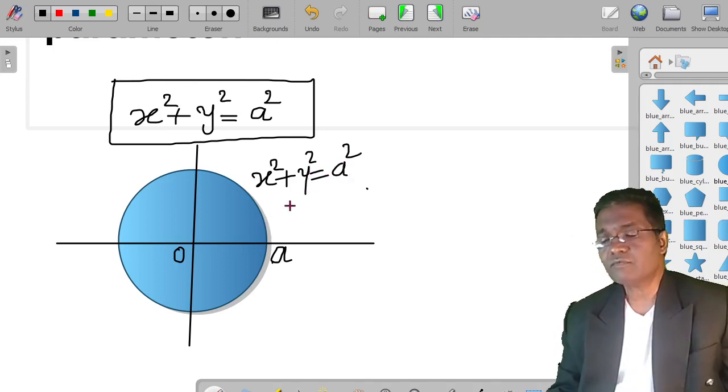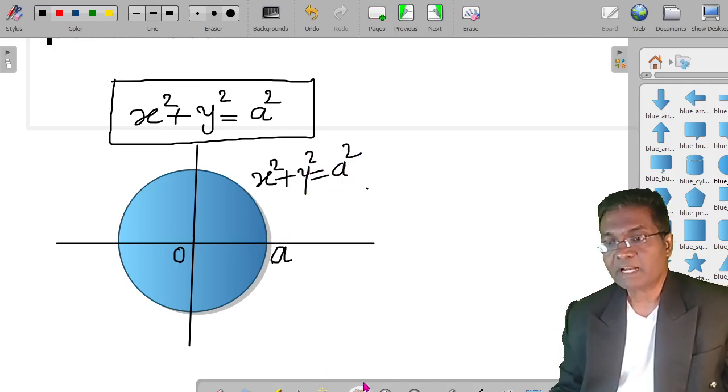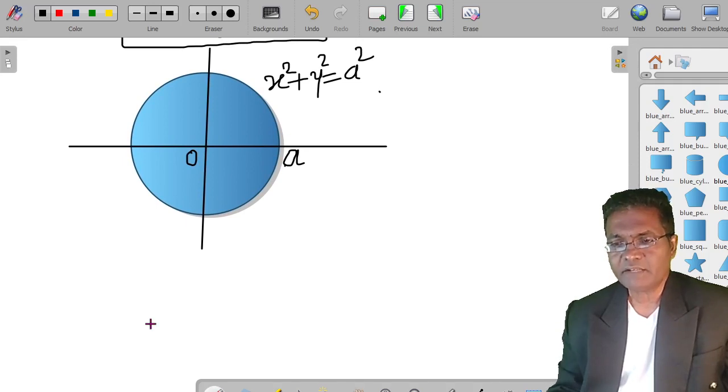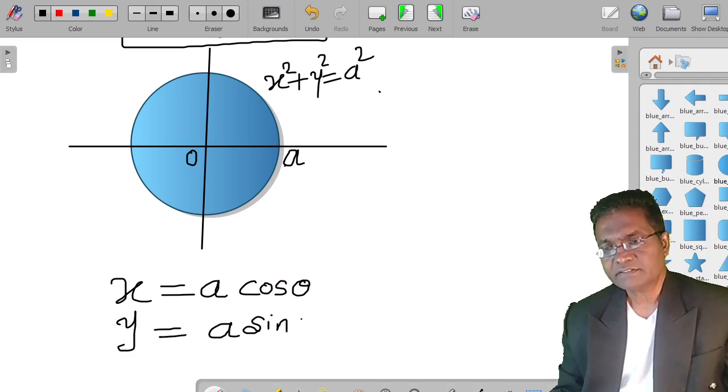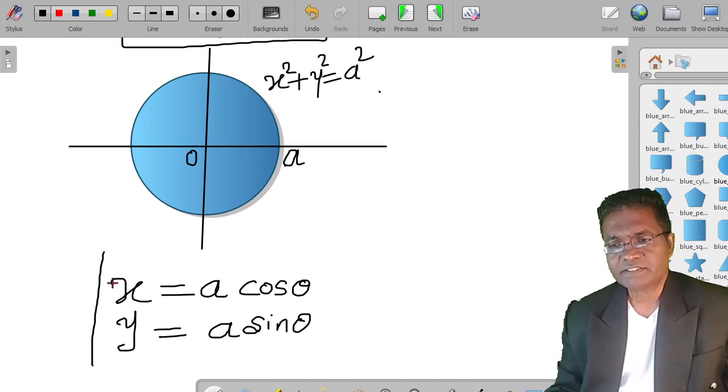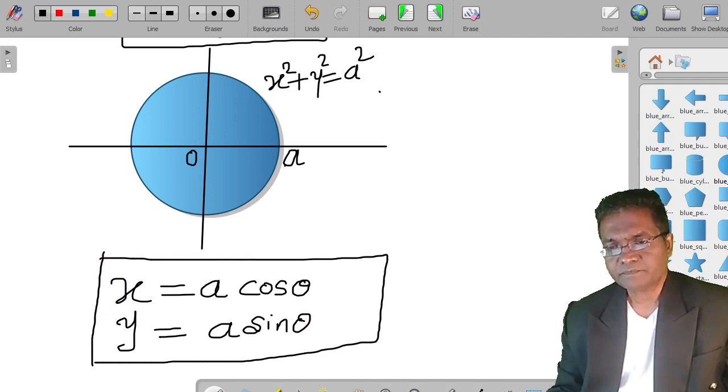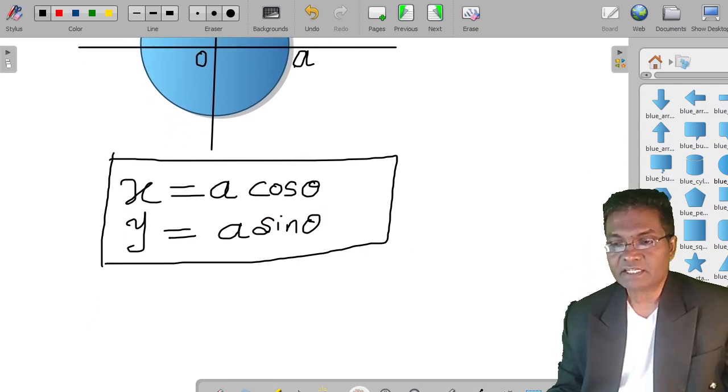This same equation you can express in parametric form. If I take x is equal to a cos theta, here theta is a new variable, a new parameter, and y is equal to a sin theta, then this pair of functions represents the circle, because it satisfies that equation.